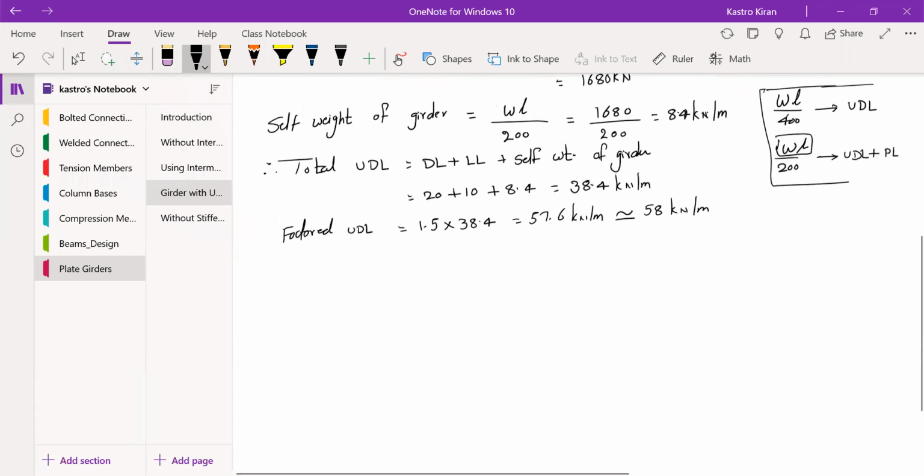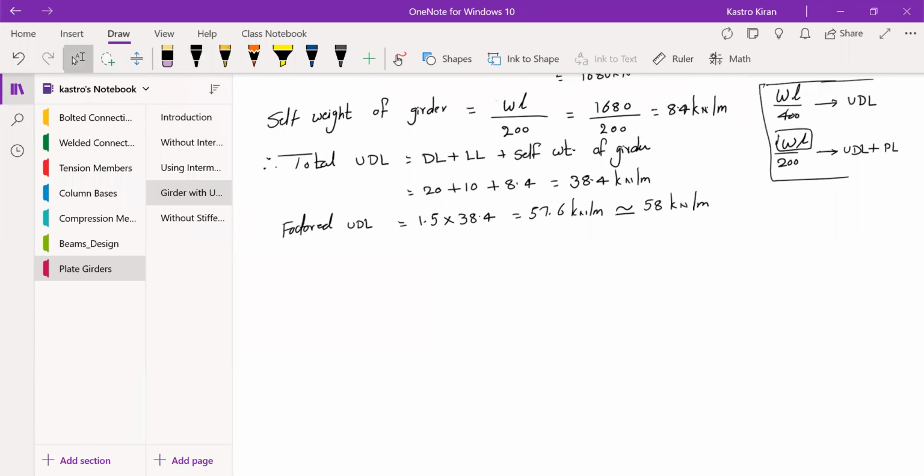Now you also have to find out the factored concentrated load or factored point load. Factored concentrated or point load equals 1.5 times what is the load intensity?